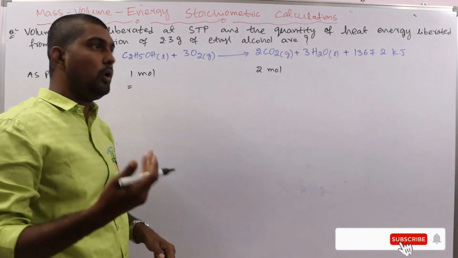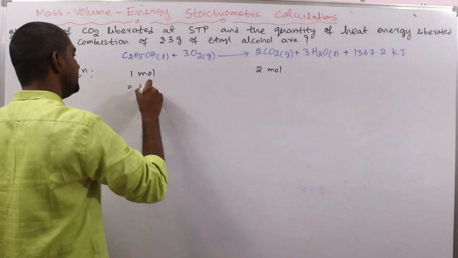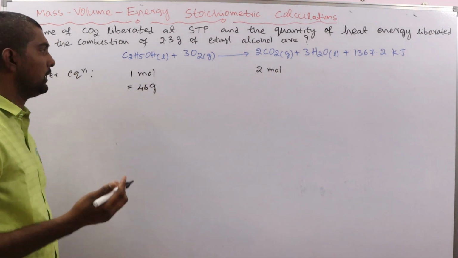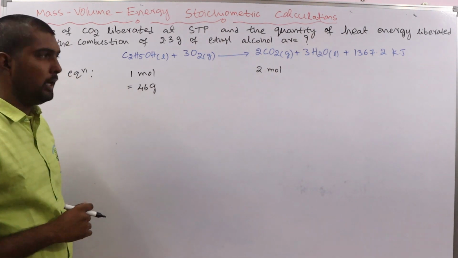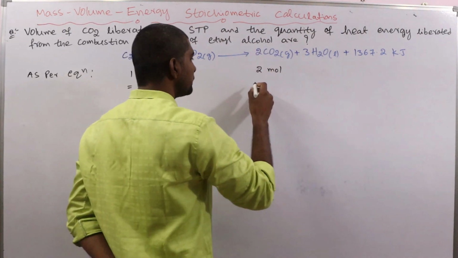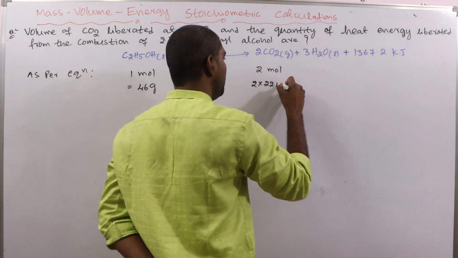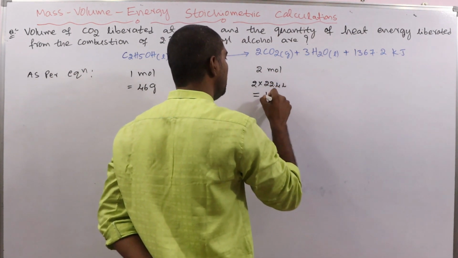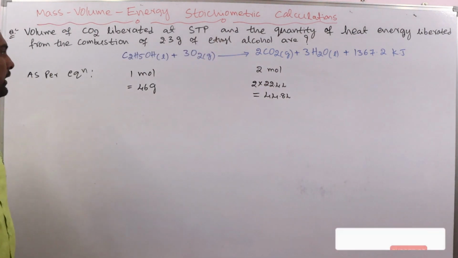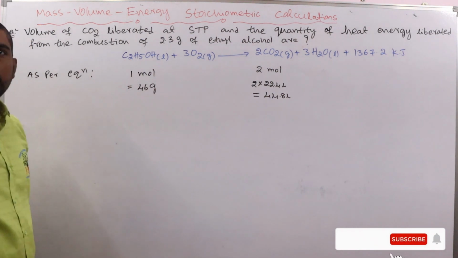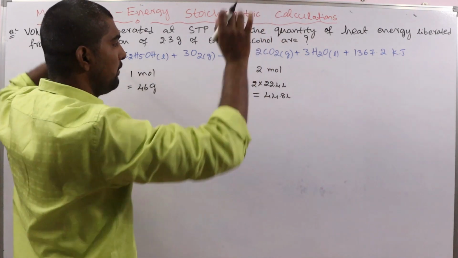That is 46 gram. 1 mole of ethyl alcohol is 46 gram. And 1 mole of gas occupies 22.4 liter at STP, so 2 moles is 44.8 liter of CO2 liberated when 46 gram of ethyl alcohol undergoes combustion according to the balanced equation.